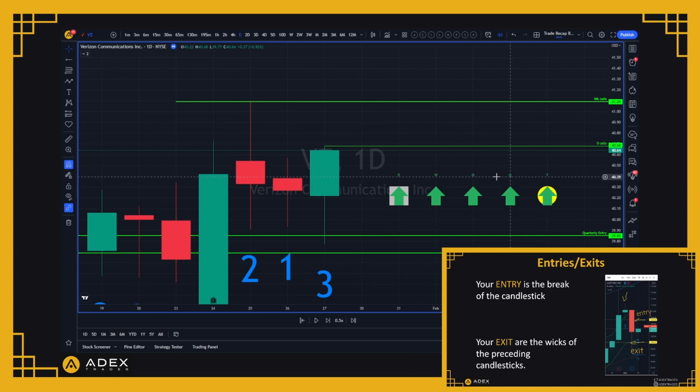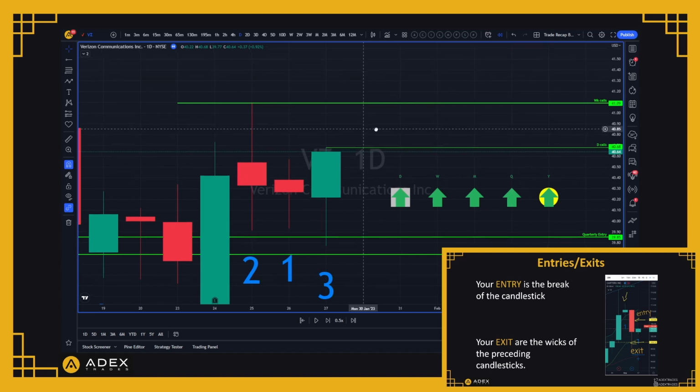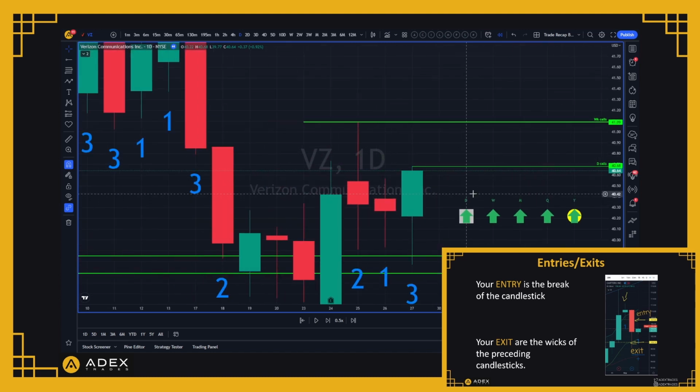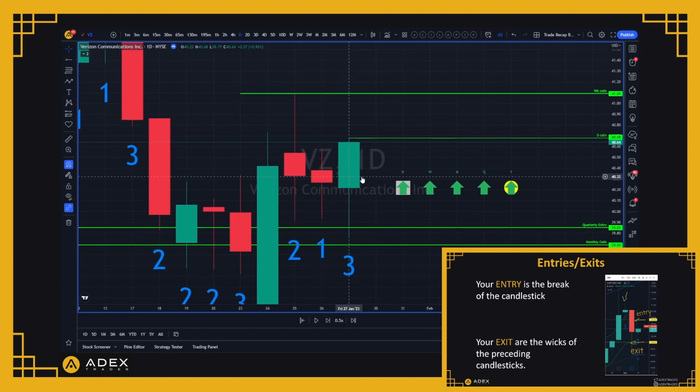So remember, right now, I just gave you about 5 confluences that tell you, hey, take Verizon long. You have XLC being green, full time frame continuity to the upside. You have Verizon that already triggered the quarterly 2 up. You have Verizon that already triggered the monthly 2 up off of an actionable signal. And you also have Verizon with the ability to trigger the week 2 up. How could it get there? Based off a 1-3 rev strat candle that is showing on the day. And you know that 1-3 rev strat candle is actionable if it goes 1-3-2 up.